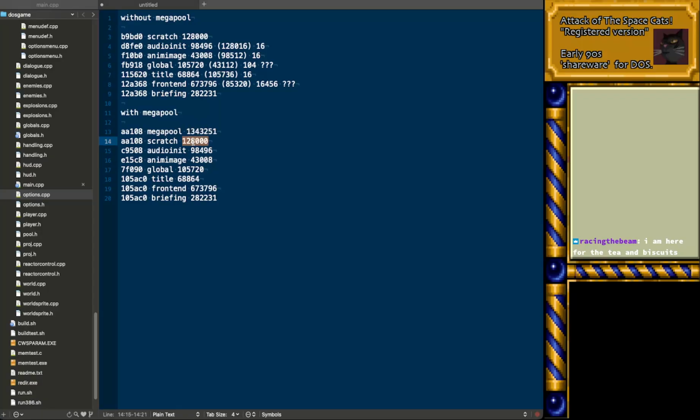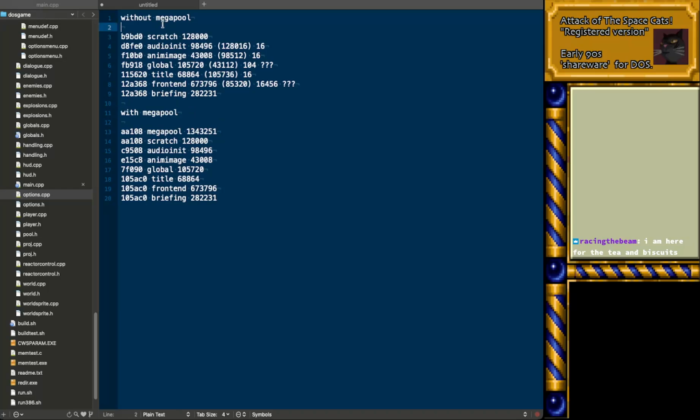From that, we're then allocating a 128k-ish buffer for Scratch, and that goes at the front of that allocated block. And then the next block is about 98k, I guess. That value there is exactly that plus that. So the audio init pool goes right after the Scratch pool in memory. There's no gap, which is exactly what I'd expect.